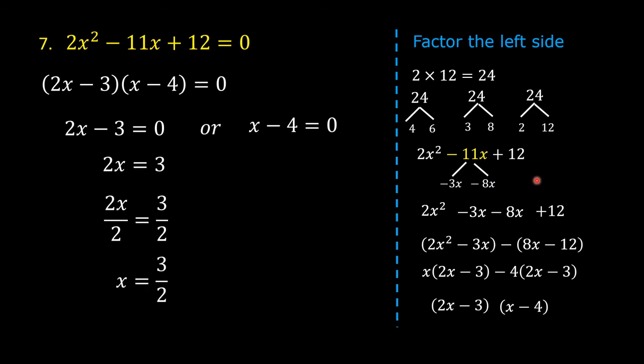X is equal to 3 over 2. Then solve for x here. Transpose the negative 4 to the other side and change the sign. So x is equal to 4. So the answers are x is equal to 3 over 2 and x is equal to 4.